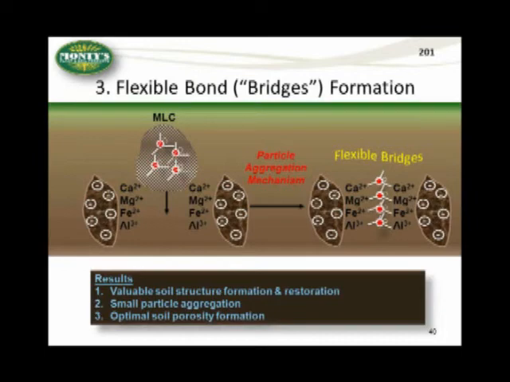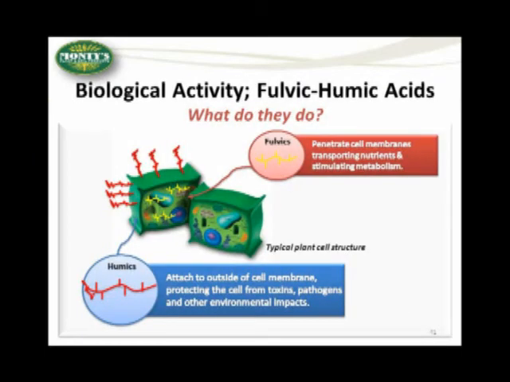Now, the next two mechanisms that we talk about deal with biological activity. And so this picture here describes how fulvics and humics interact with, for example, a typical plant cell differently. If you look at the fulvic acids, because they're smaller, they have the ability to penetrate cellular walls and enter into the cell.